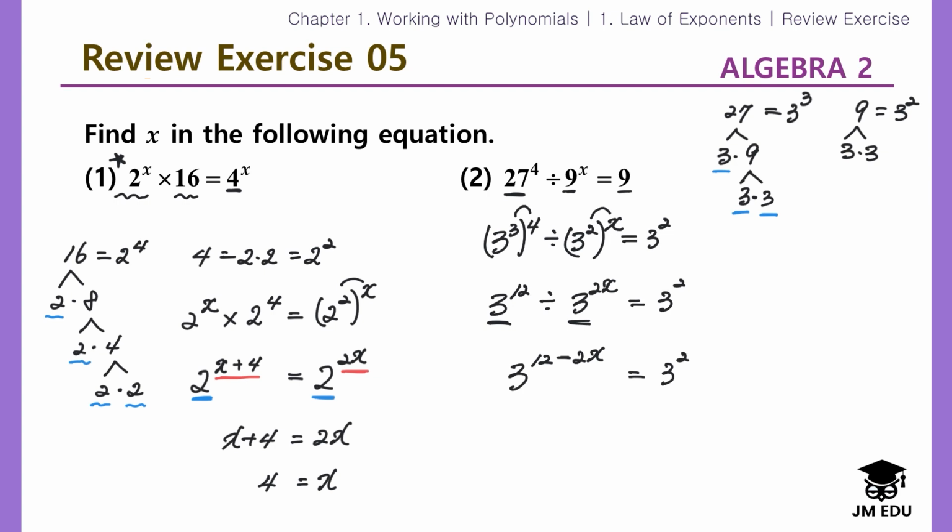So all of this expression is equal to this, same base 3, right? So we must have 12 minus 2x is equal to 2. So negative 2x is equal to, subtract 12 from each side, negative 10. So divided by negative 2, x is equal to 5.